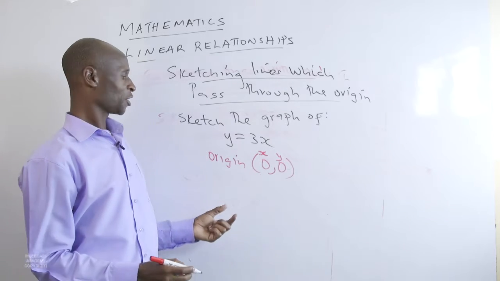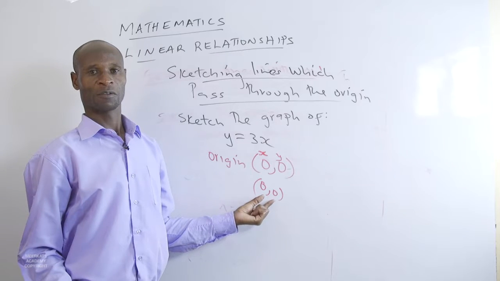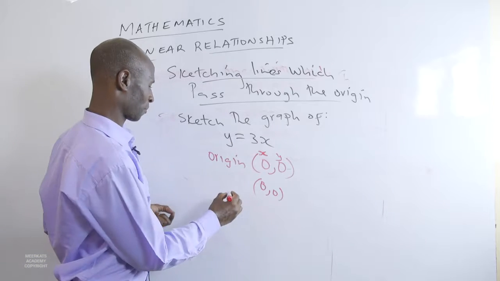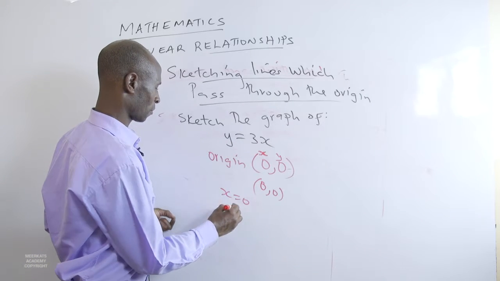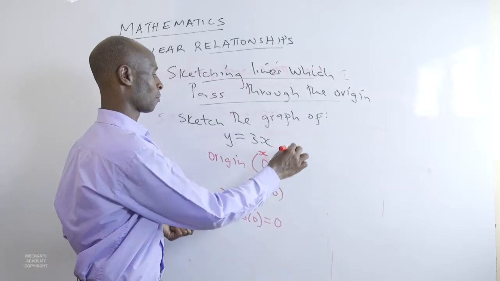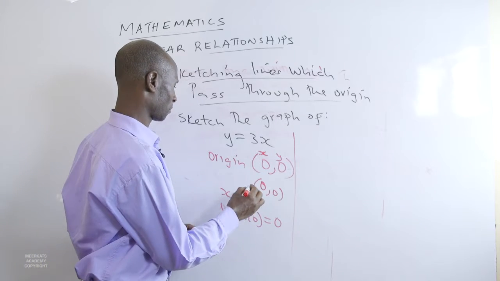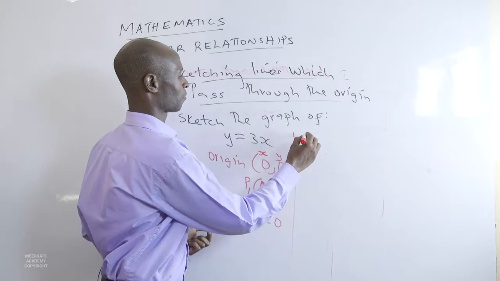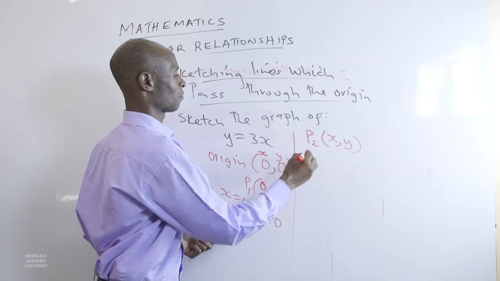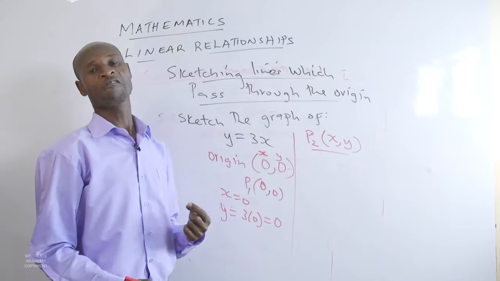So the first point will be 0, 0. We need to get a second point. To get the second point, we choose another value of x.